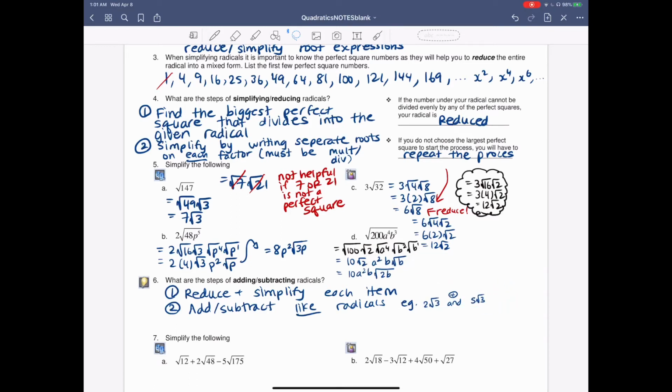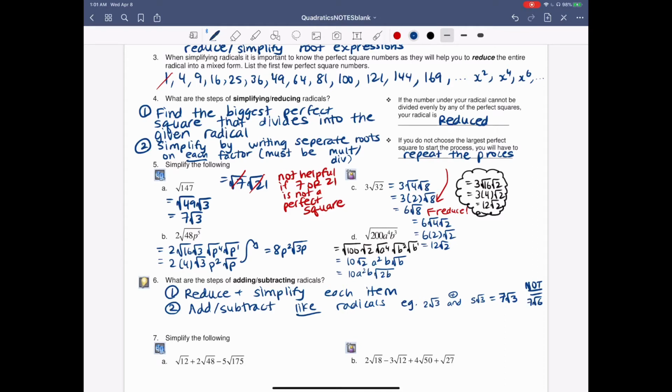When you add them, it's like you have 2 of something and 5 of something. If you have 2 chocolate bars and 5 chocolate bars, you have 7 chocolate bars. So I'm going to write 7 square root of 3. And I'm not going to write it as 7 square root 6.